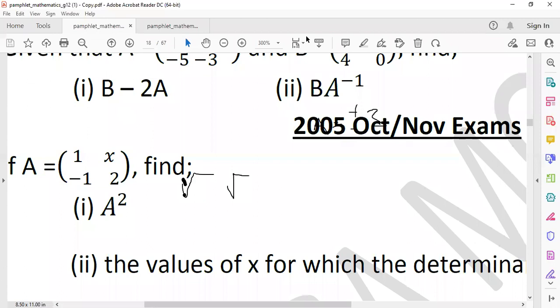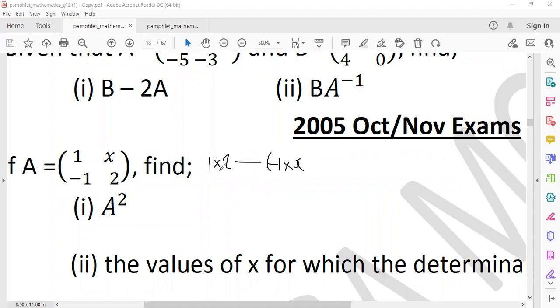So it's 1 by 2 minus, open brackets, negative 1 by x.